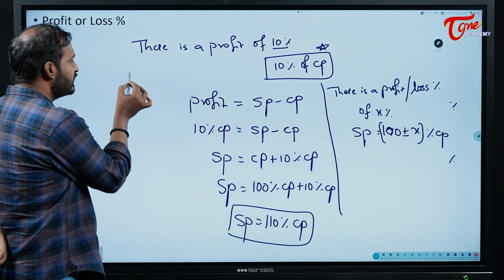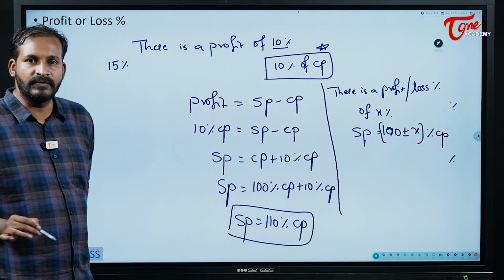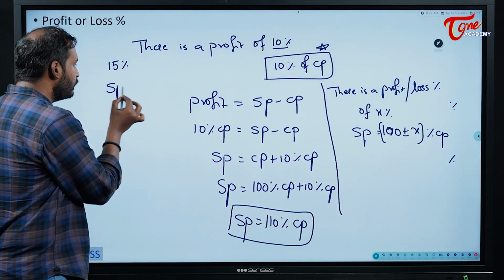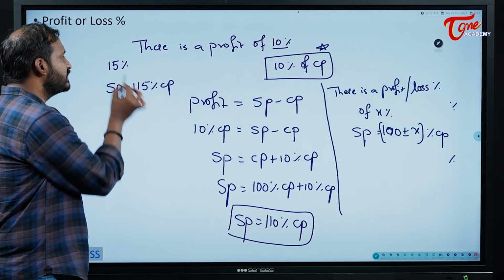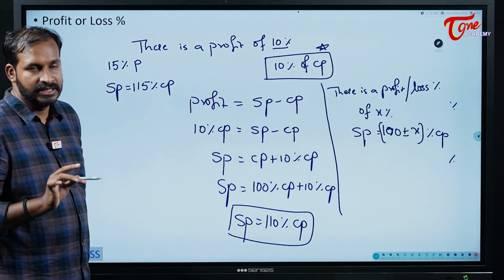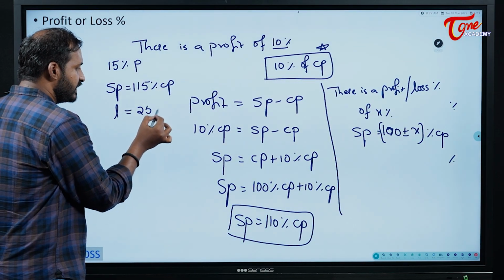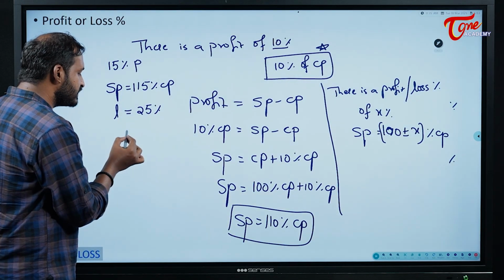So if I say in the question that there is a profit of 15%, then how are you going to write the relation? SP is equal to 115% of CP. The reason is this is a profit, so I will add it to 100. Similarly, if I say that there is a loss of some 25%, then how am I going to write the relation?